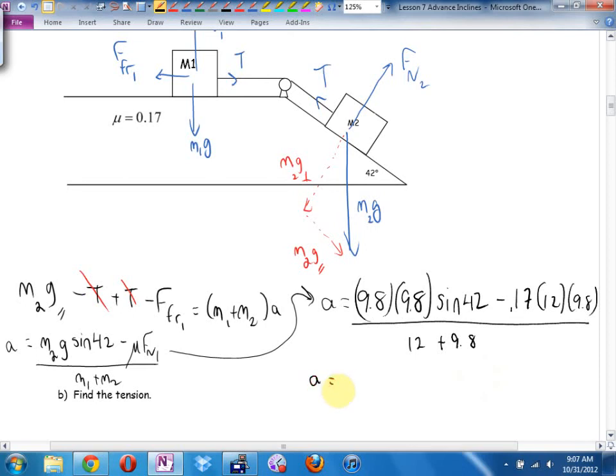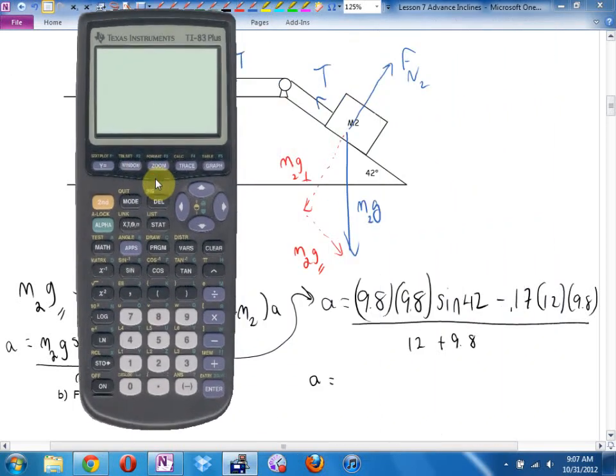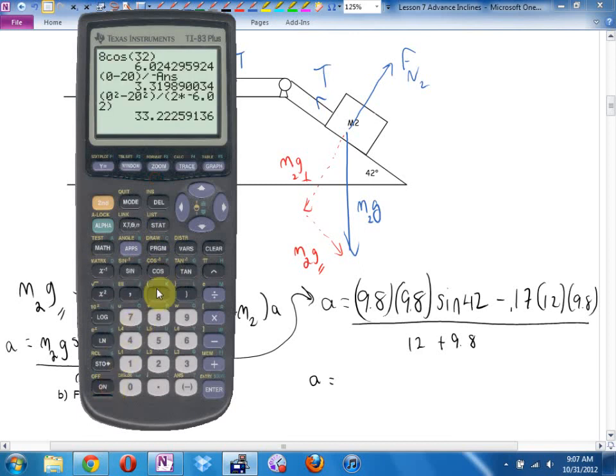Carefully, this one you probably want to try on your calculator, all of you. You've got more than one number on the top with some trig and more than one number on the bottom. You might want to make sure you know how to type this in. I'll give you a hint. Brackets on the top, brackets on the bottom. 9.8 times 9.8 times sine 42, close off the bracket, minus 0.17 times 12 times 9.8, close off the top bracket, divided by, open bracket, 12 plus 9.8, close bracket.